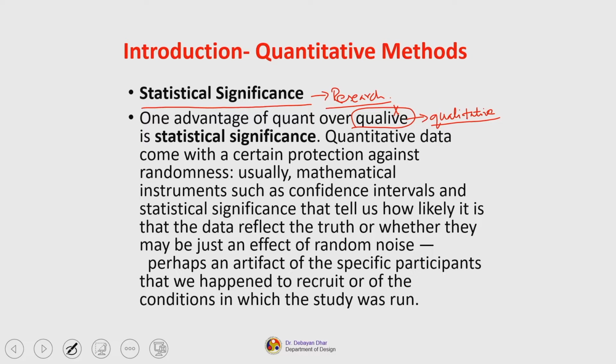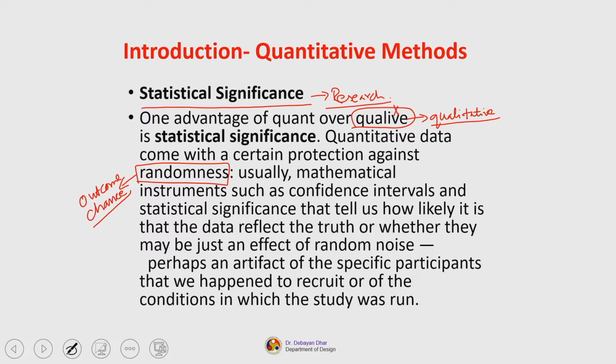Now, quantitative data come with a certain protection against randomness. Randomness means any outcome that has happened by chance, randomly. It does not have any specific cause because of which the outcome has happened.